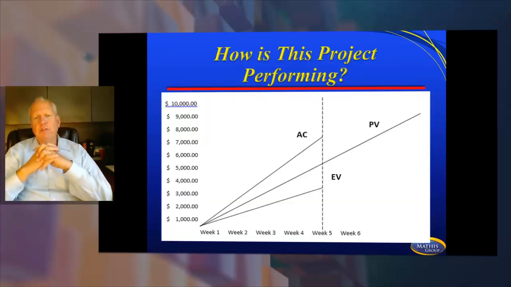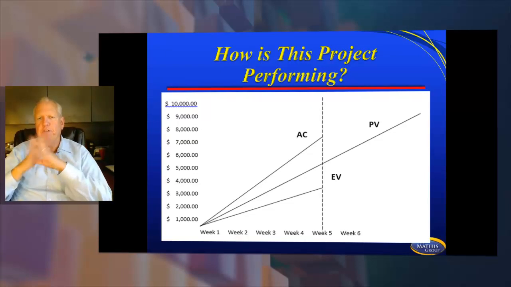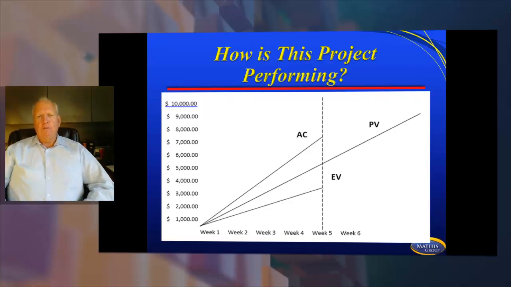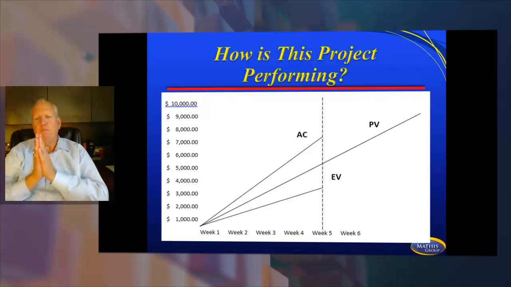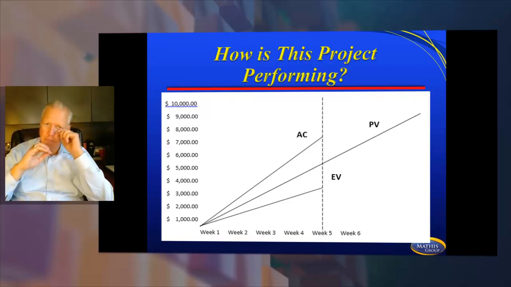All right, one of the things they do is throw charts at you. So we're going to expose you to some of these. You have to have an anchor to help you with your chart. So here is how is the project performing? What's your anchor? Plan value is going to be your anchor on these type of charts. Plan value is where the project should be if everything is perfect.